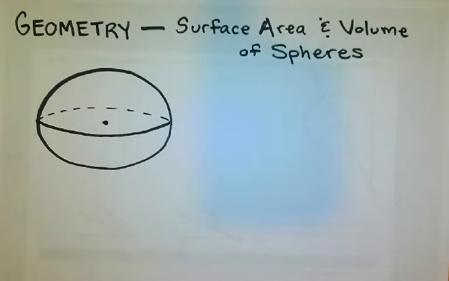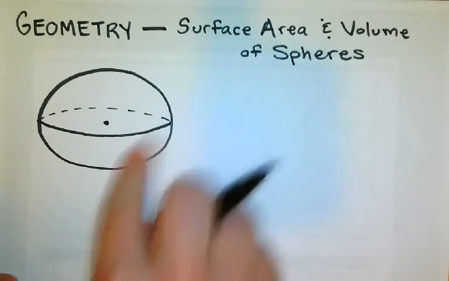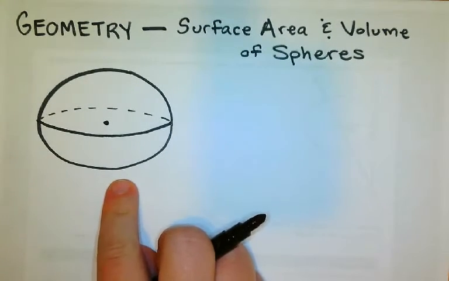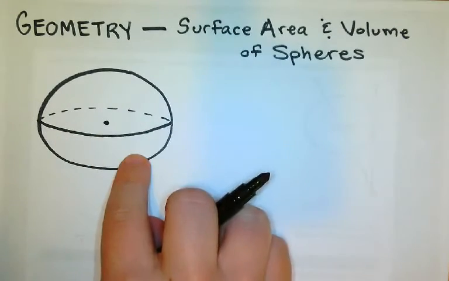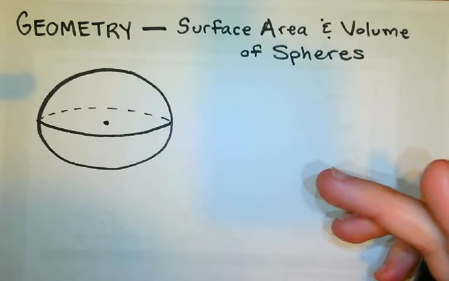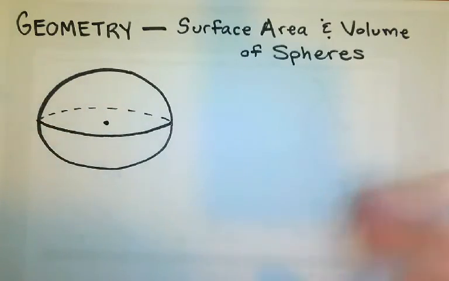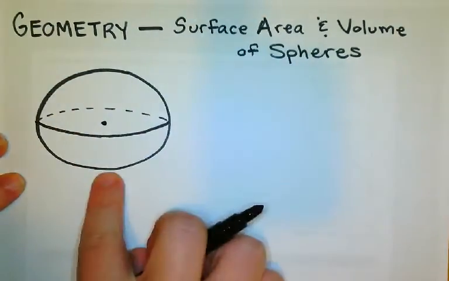So when we find surface area and volume, it's not really going to be related to the formulas that we used before. First of all, a sphere is basically like a ball. You have the center of your sphere, just like the center of a circle. If you were to look above the ball, it would just look like a circle, right?